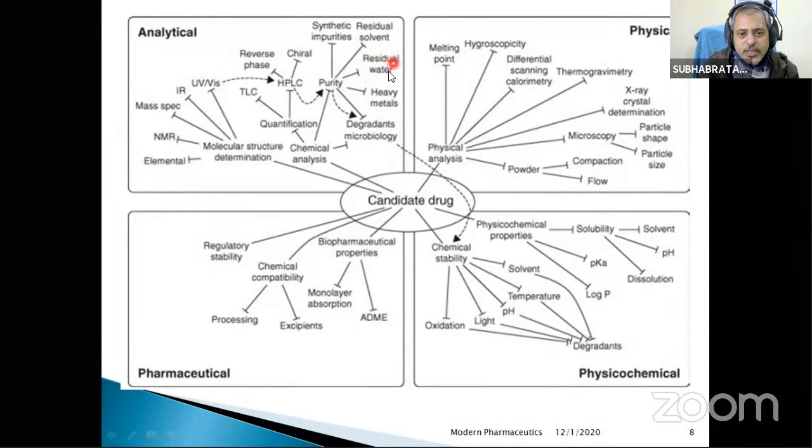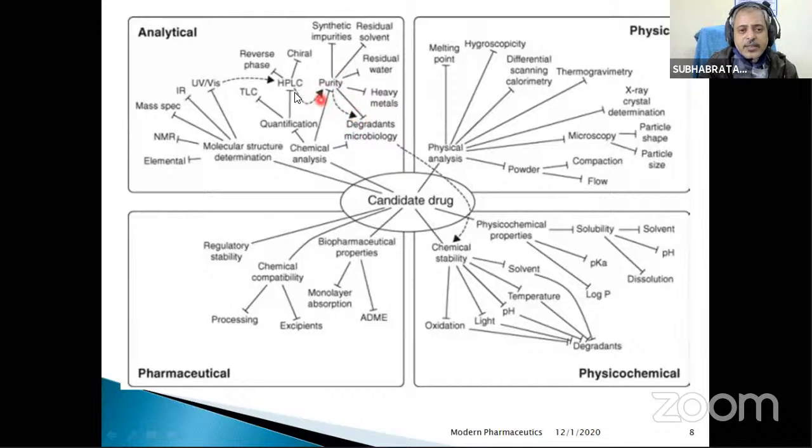We have to test for residual water, say Karl Fischer titration, and other things. We need to go for heavy metal analysis, maybe atomic absorption spectrophotometry or other suitable methods. So we need to quantify at each stage how much API is present in the supplied sample of the API drug candidate, as well as the impurities and degradants.